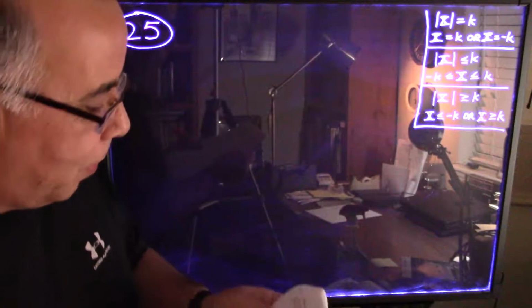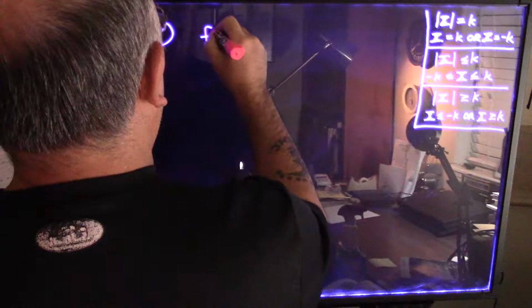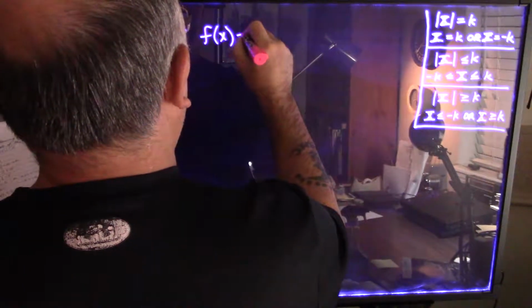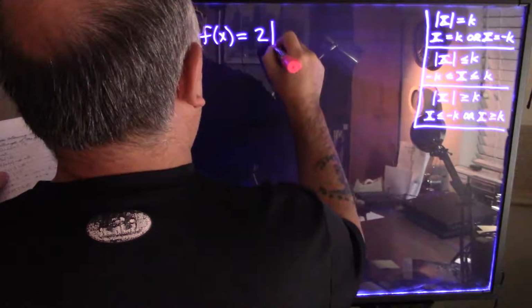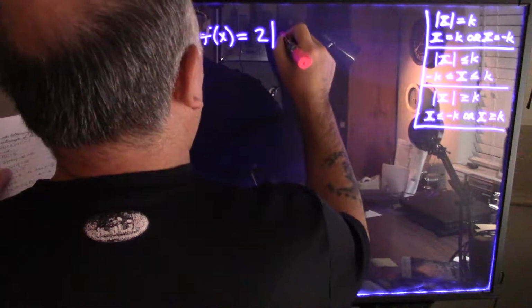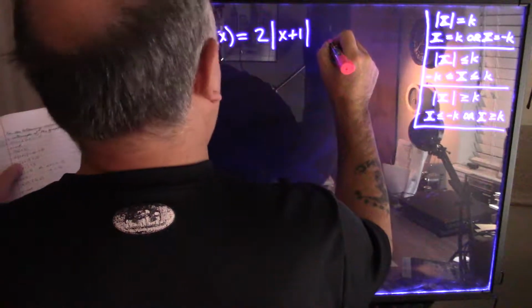Number 25. For the following exercises, find the x and y-intercepts of the graphs of each function. Alright, so we have f of x is equal to 2 times absolute value x plus 1 minus 10.